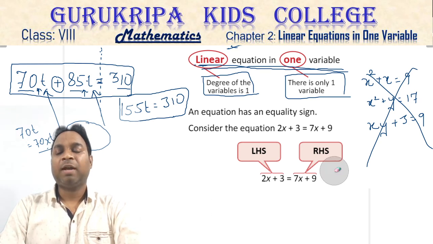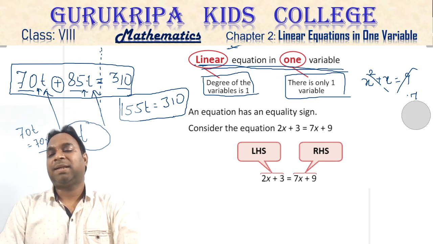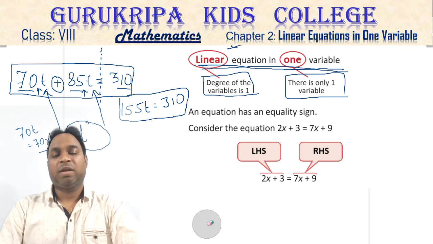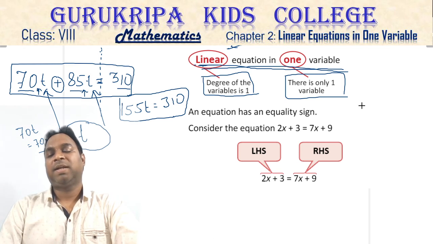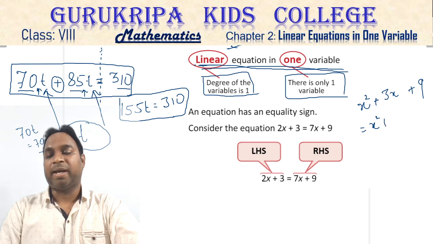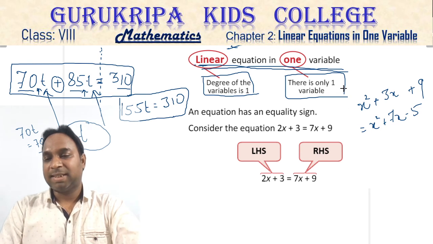Okay. So sometimes it may so happen that there is an equation, let's say x square plus 3x plus 9 is equal to x square plus 7x minus 5. Is this equation linear?